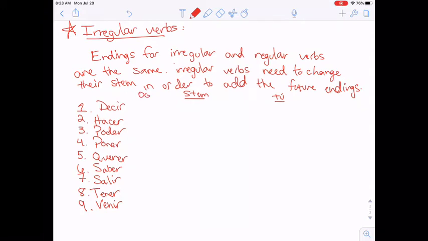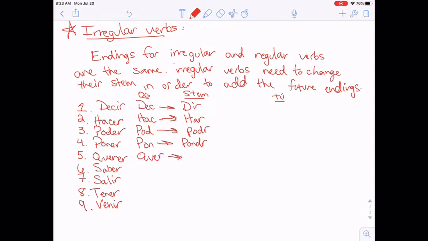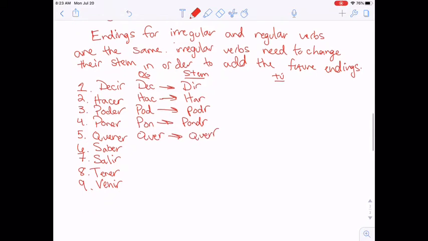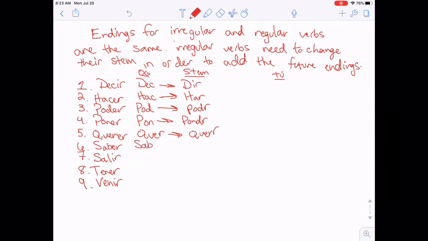So the OG stem is dec, but that has to turn into dir. The hac needs to turn into har. The pod has to turn into podr. The pon has to turn into pondr. The quer has to turn into double R. Sab needs to turn into sabr. Sal has to turn into saldr.